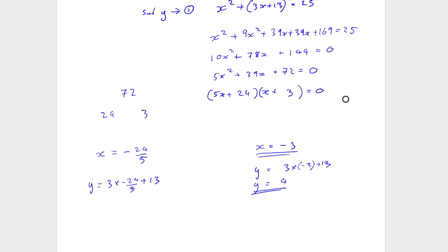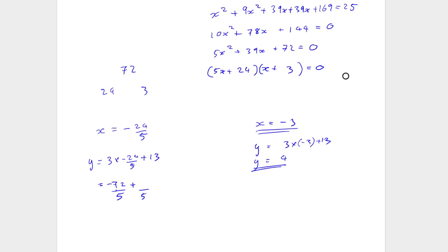Right, so timesing that by 3 would give me minus 72 over 5 plus, and I'm going to convert 13 into a fraction over 5 just because I'm adding, so that's going to be 65 over 5. 3 times 5 is 15. Yeah. Okay, and then when I add those together, 72 plus 65 is going to give me minus 7 over 5. So that's my second value.